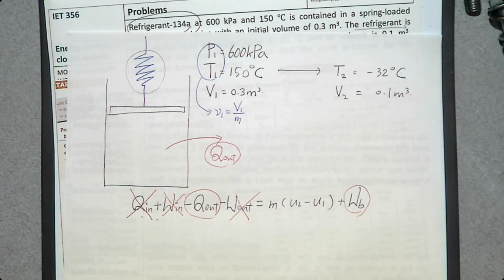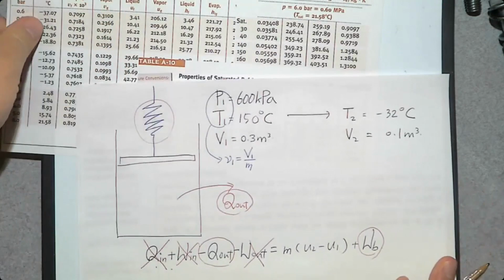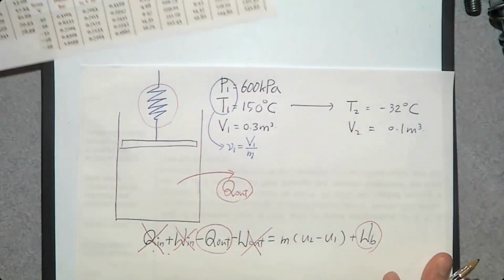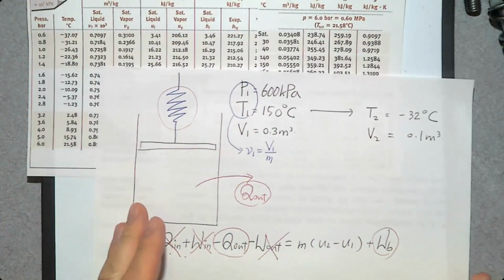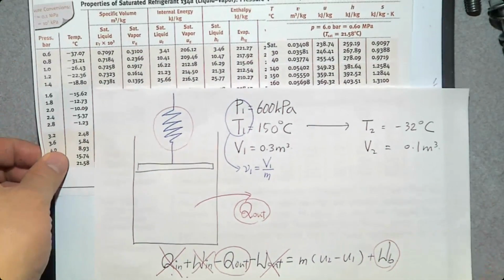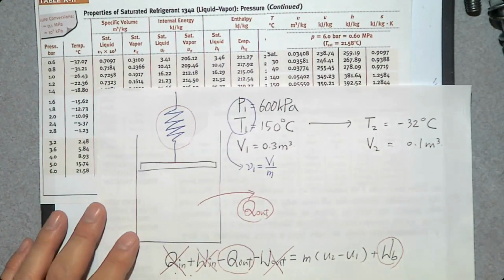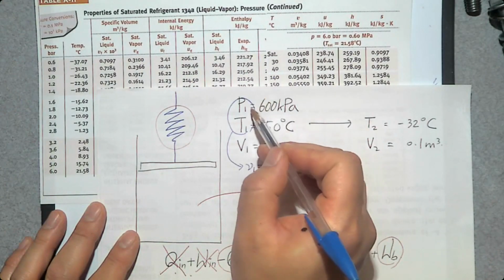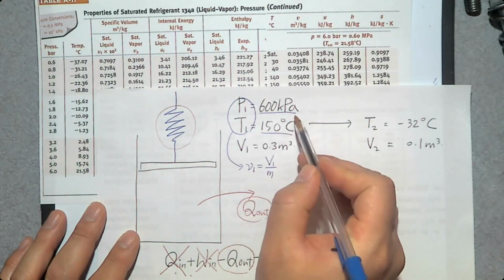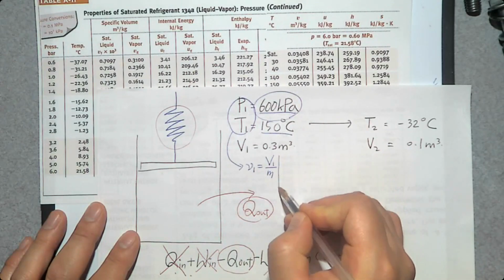Then we need to determine the specific volume first. How can we do that? We need to determine the phase change process and go to the appropriate table to determine the specific volume. Oh, I don't have much space here. Since we know pressure and temperature, we can use this pressure to determine the phase change process.